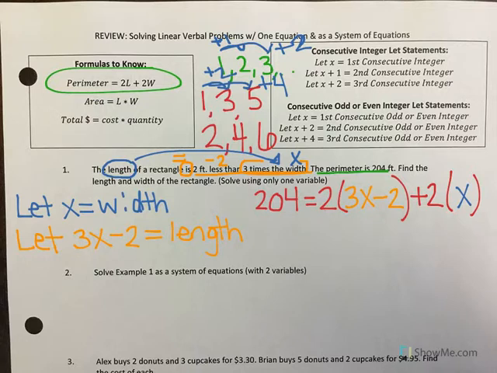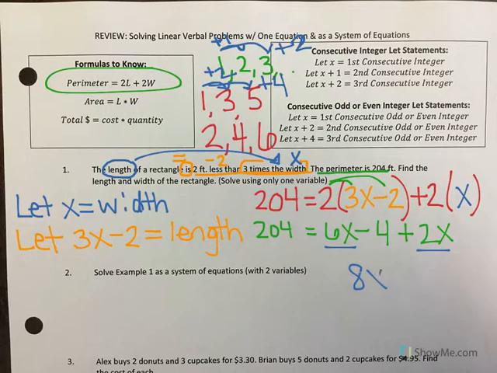Okay, so in order to solve this, we're going to start by distributing this 2. So we have 204 equals 6x minus 4 plus 2 times x gives me 2x. Since the x's are on the same side, we're just going to combine them because they're like terms, and so 6x plus 2x will give me 8x.